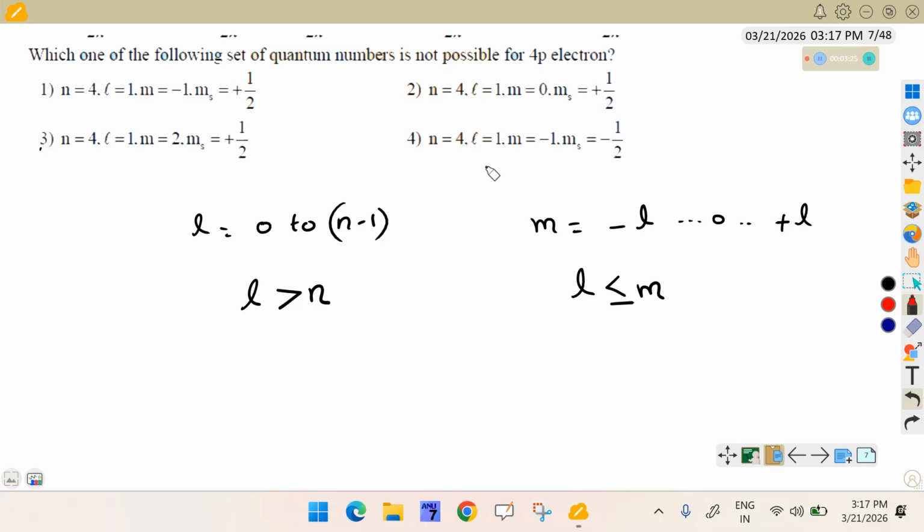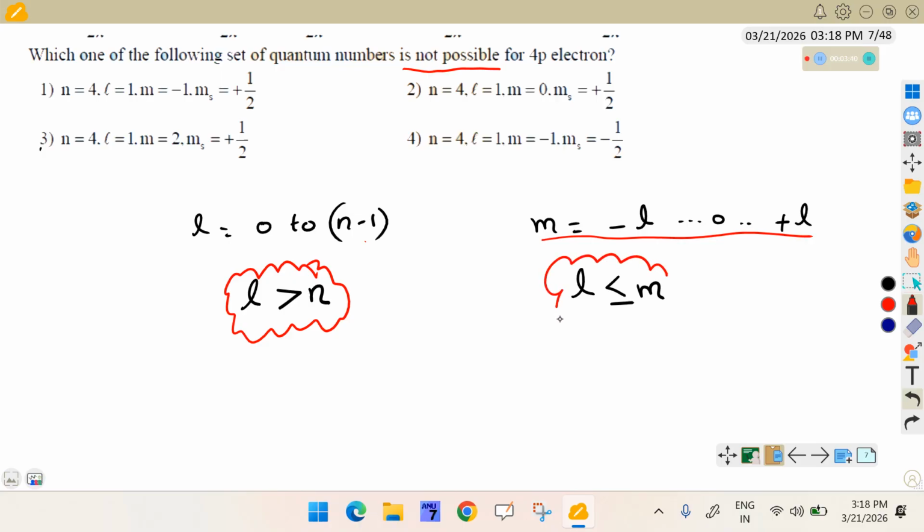Which one of the following sets of quantum numbers is not possible? L values are from 0 to n minus 1. Based on this, the value of L is always less than n. M values are from minus L to plus L including 0.